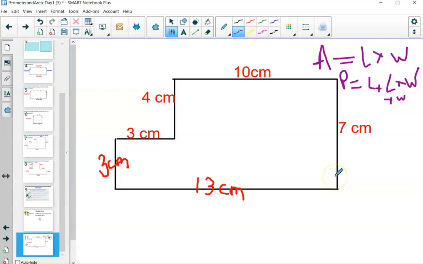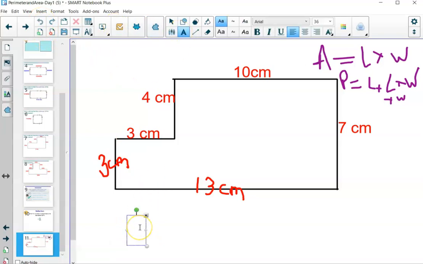So let's go ahead and do the perimeter first. Since that is the distance around this entire shape, and I have each of these measurements, I can go ahead and just start adding. So perimeter for this shape, I'm going to use something a little bit different. Here we go.